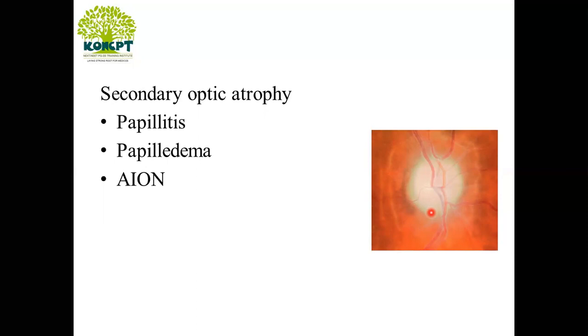Papilledema is optic disc edema due to raised ICT. Another cause is anterior ischemic optic neuropathy. The peripapillary retinochoroidal folds seen here are called Patton's folds. This is due to resolving chronic papilledema.